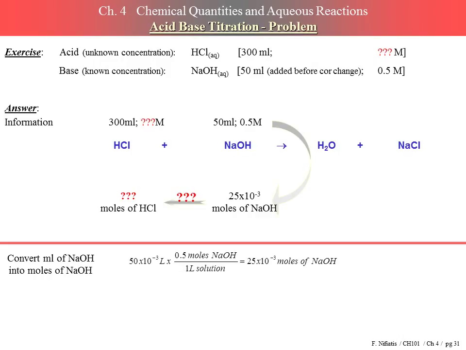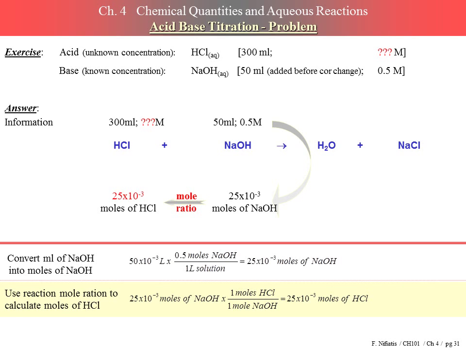The mole ratio between the hydrochloric acid and the sodium hydroxide is 1 to 1. If I had to use 25 times 10 to the minus 3 moles of sodium hydroxide, that means that I had in my solution the same number of moles of HCl. This is our conversion factor.